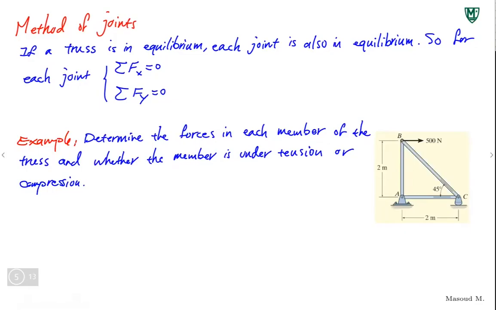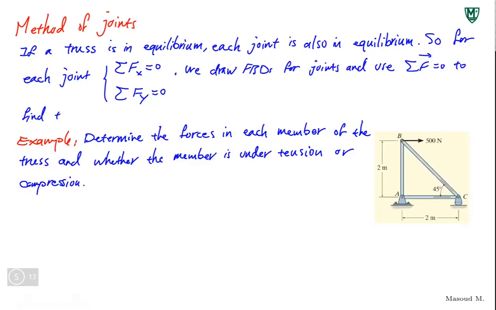Maybe I'm going to add this here. We draw free body diagrams for joints and use summation of forces equal to 0 to find the unknown internal and external forces.